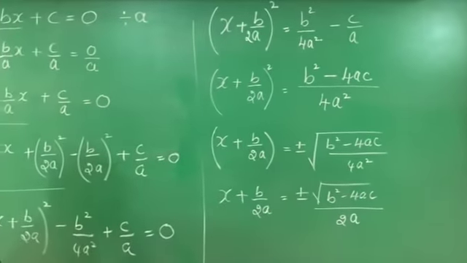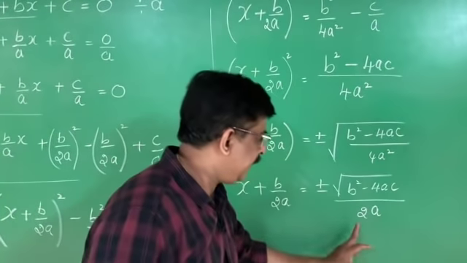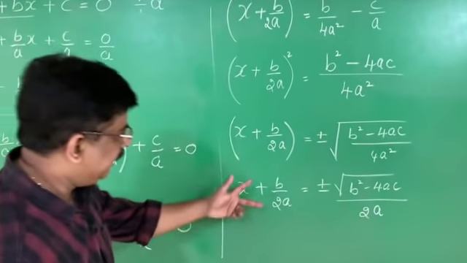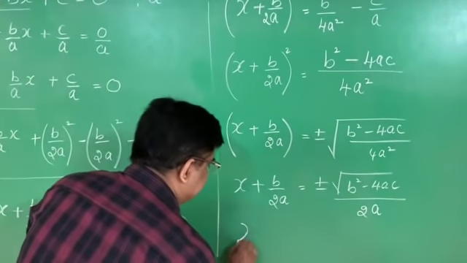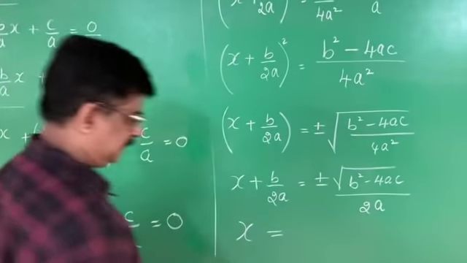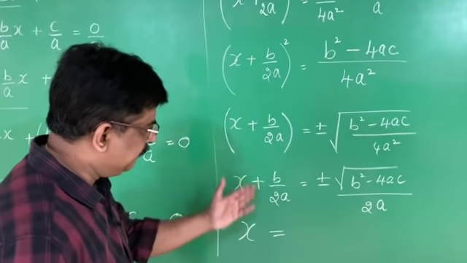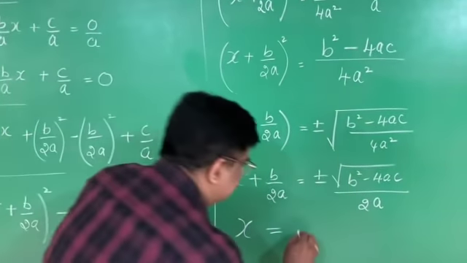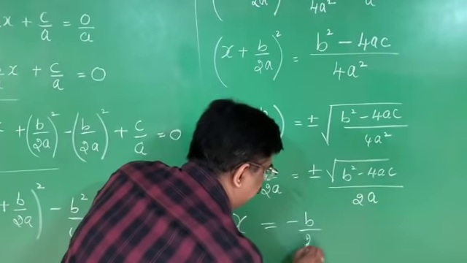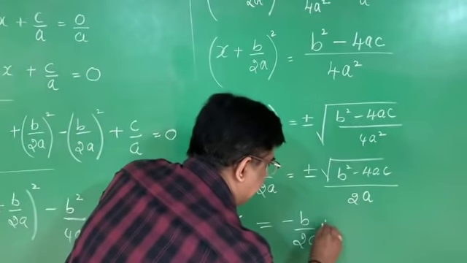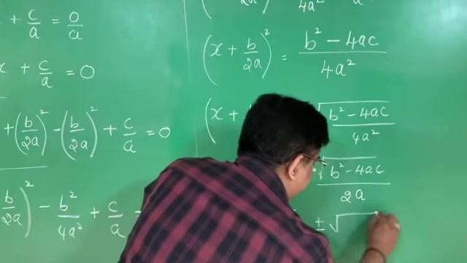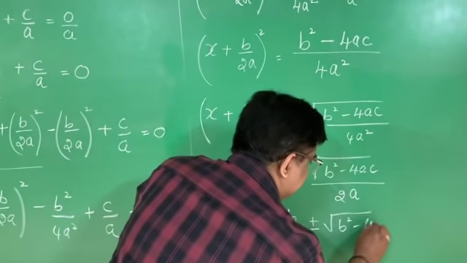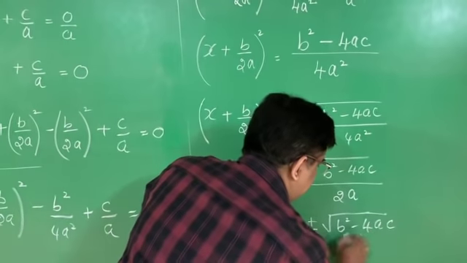Now I transfer this b by 2a to that side. X equals minus b by 2a plus or minus square root of b square minus 4ac by 2a.